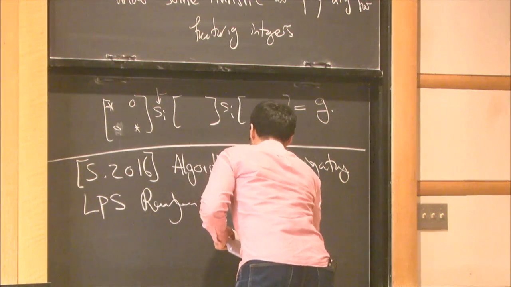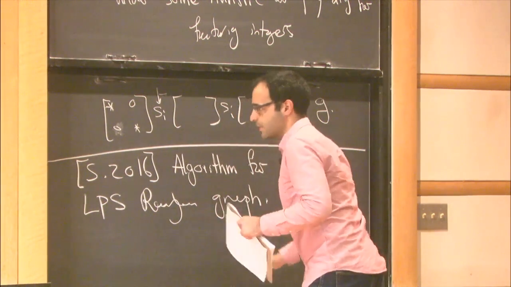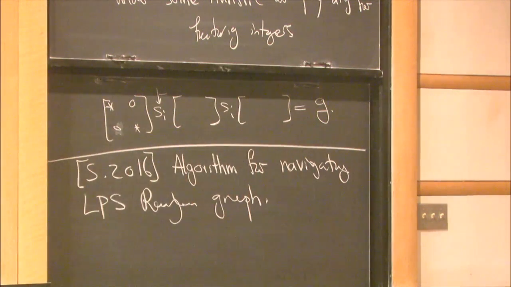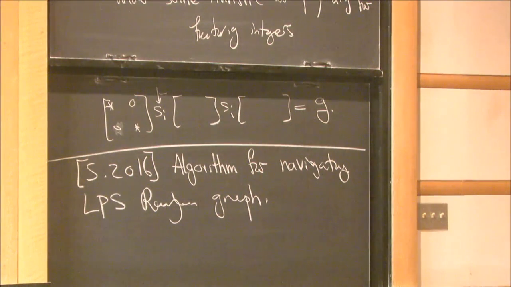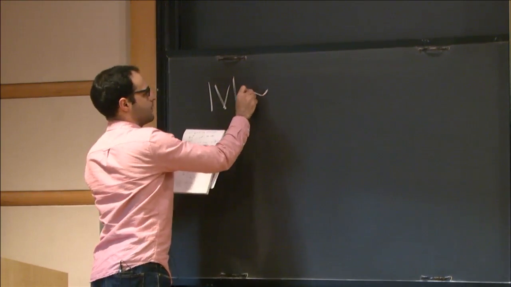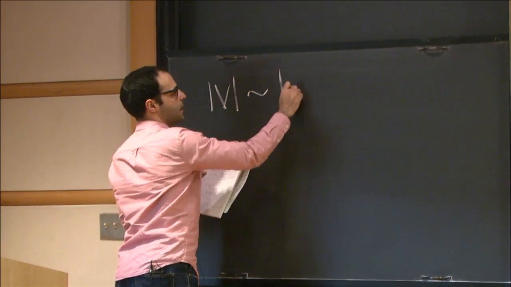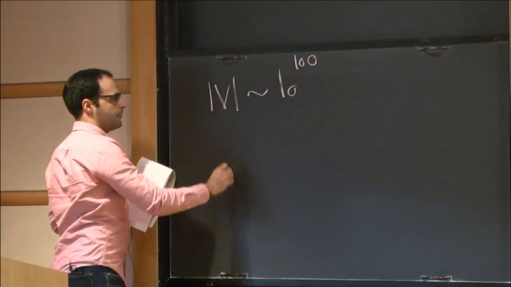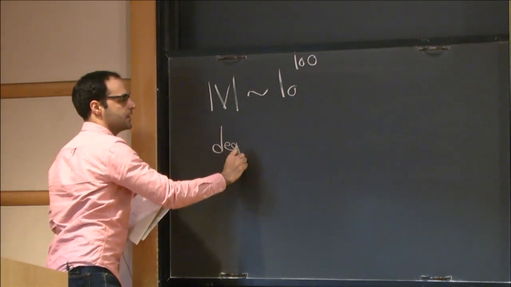I'm not going to give the explicit definition of them, but I'm just going to list the properties of this graph. You can make a graph with size 10 to the 100, where the degree of the graph is 6.